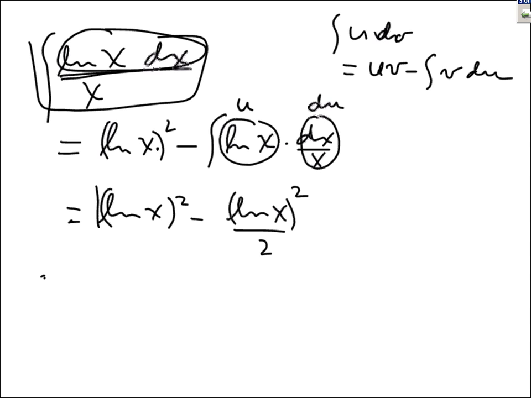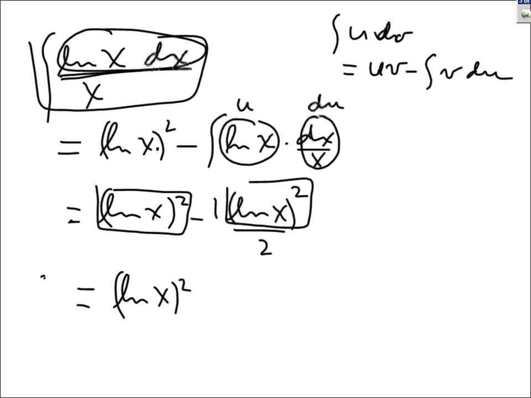Well, we have one of these, and now we are taking away half of them. We have 1 ln of x squared, and we're taking away half of ln of x squared. And you can factor out ln of x squared. We have 1 minus a half, which is half.